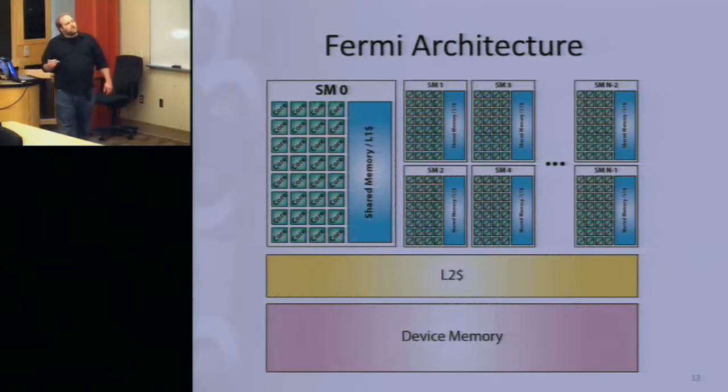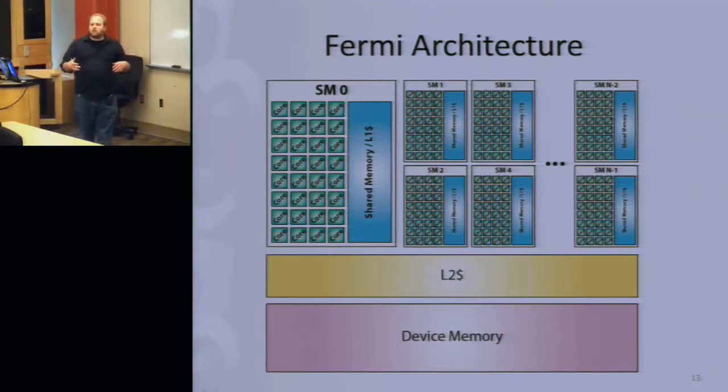This is the architecture itself. There's a whole bunch of SM units, I like to call the SMs cores, which have 32 cores each, and they execute a single thread of execution in SIMD lockstep manner on those cores. The collection of 32 threads is referred to as a warp, and they can do very cheap context switching between warps to hide high latencies for instructions.